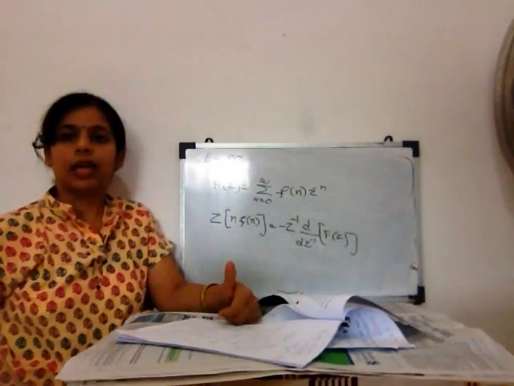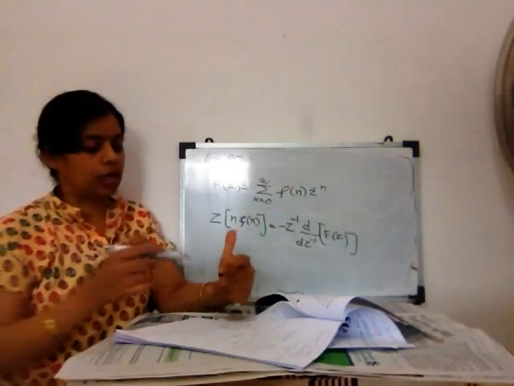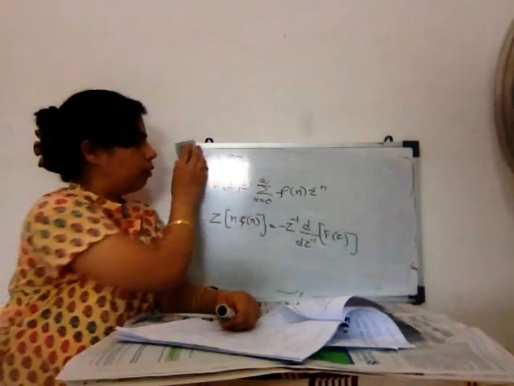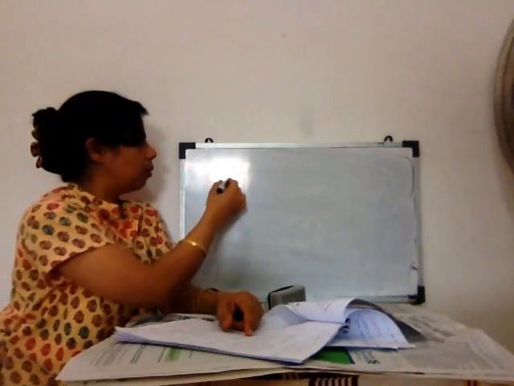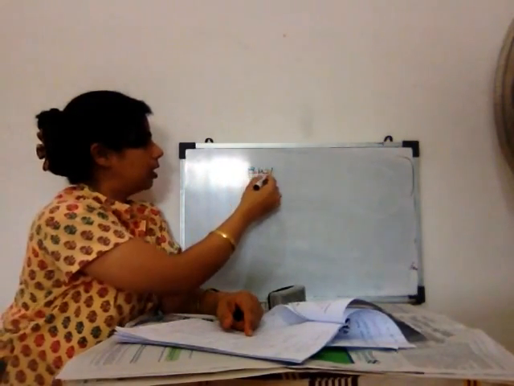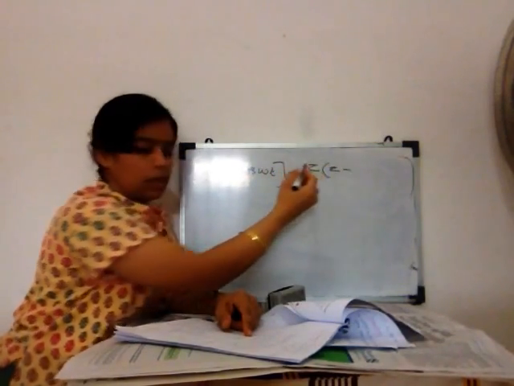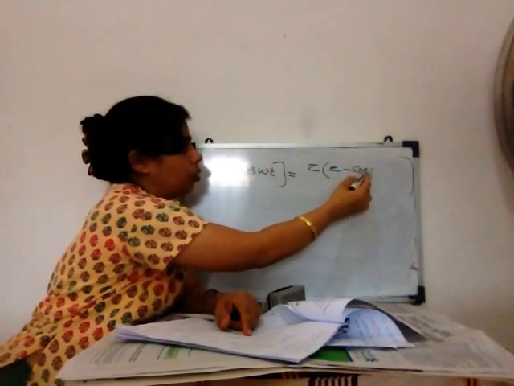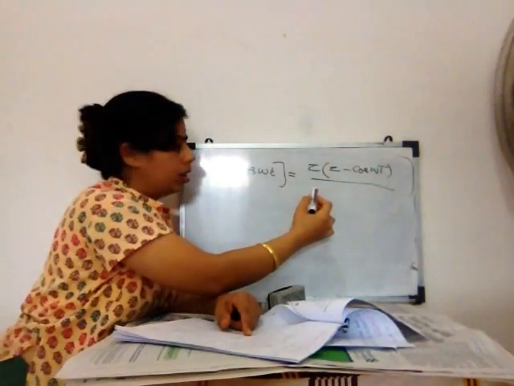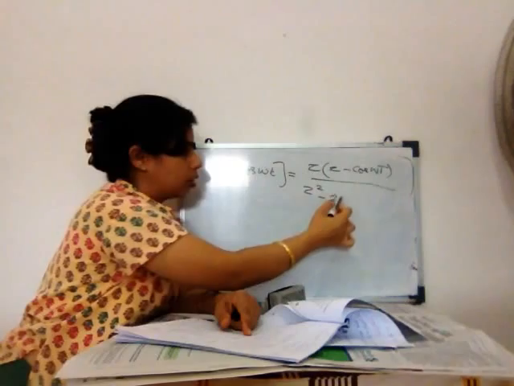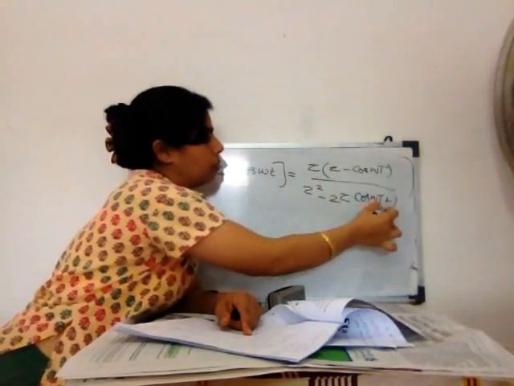Next is the Z transform for trigonometric functions, sine and cosine. I will directly give the formula for these. The Z transform of cos omega t is given by z minus cos omega t upon z square minus 2z cos omega t plus 1.